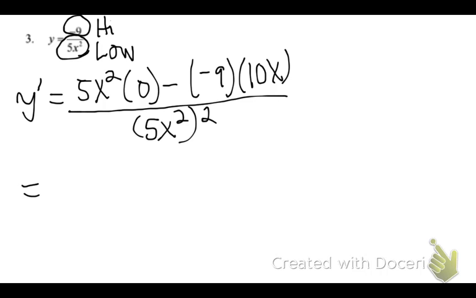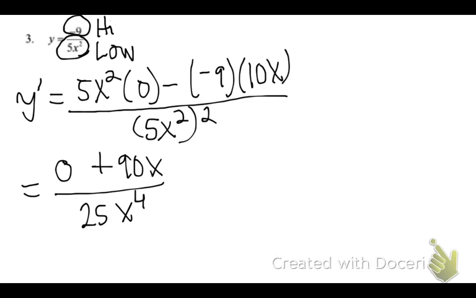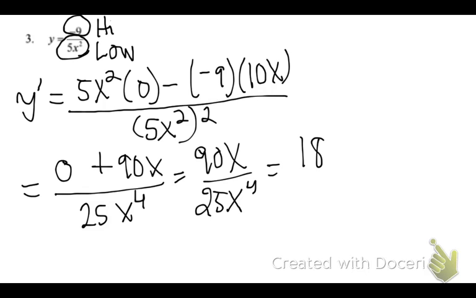Simplification would give us 0 plus 90x over 25x to the 4th. And this is 90x over 25x to the 4th, which will reduce to 18 over 5x cubed.